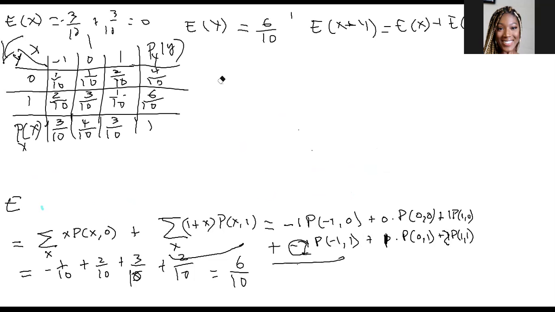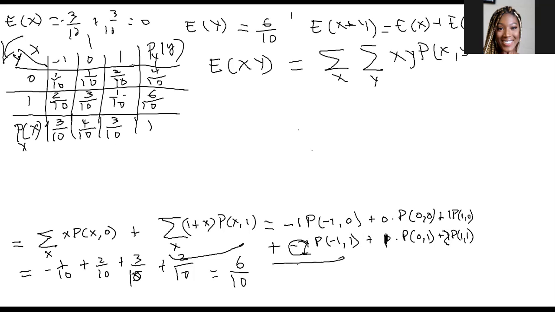Now let's find, we want to find E of X times Y, which is equal to the sum over X, sum over Y, X times Y, P of XY.